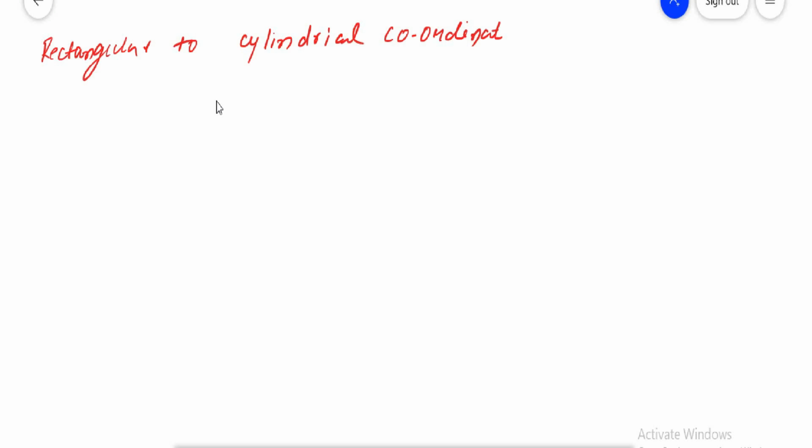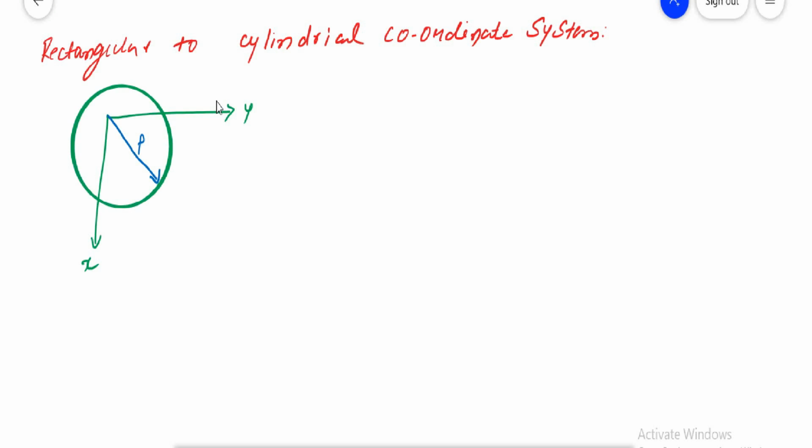For this, we need to consider some unit vectors. So this is your y-axis and this is your x-axis. Let us draw one radius vector, where rho is the length of this radius vector. Let us draw one circle, and the angle made by this radius vector is phi.